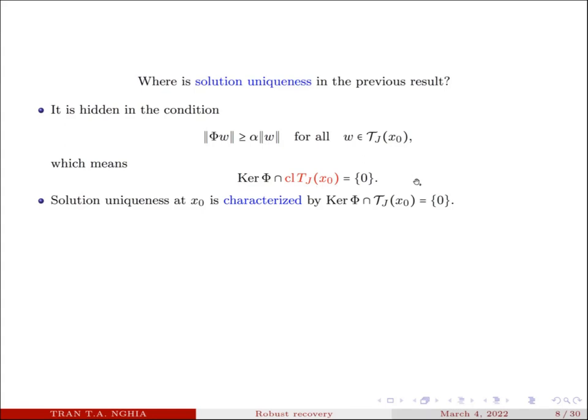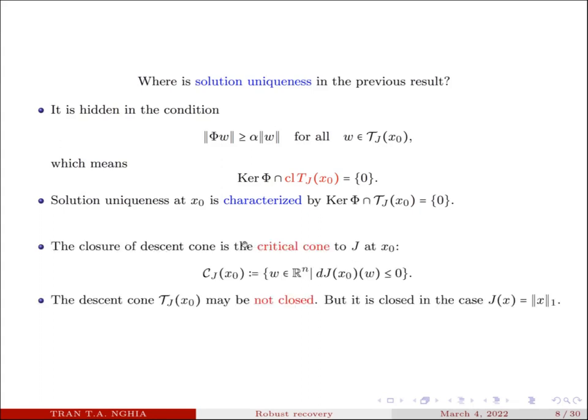You can see that we have one direction definitely, right? This condition implies the second condition right here, but we do not have the opposite way, because the descent cone is not closed in general. It is for the case of L1 norm. It's not for the more general case.